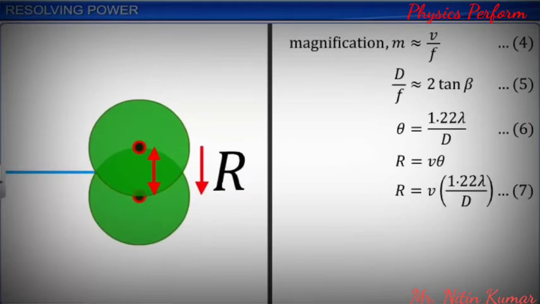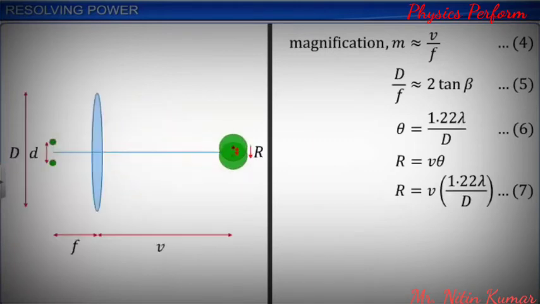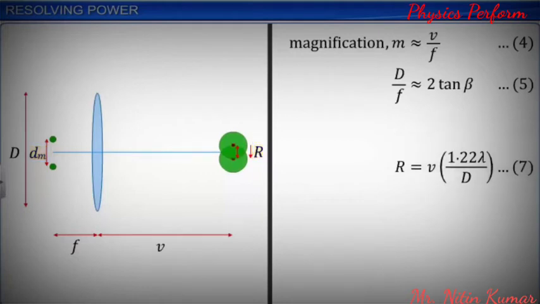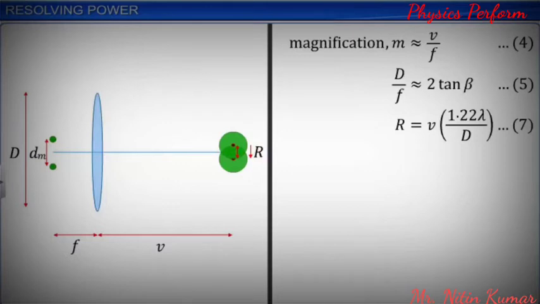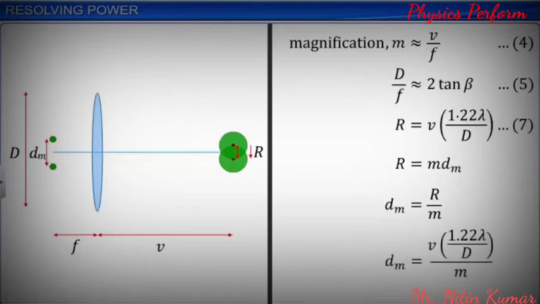Let dm be the minimum distance between the objects and r be the separation between them. If m is the magnification, then we can write r is equal to m into dm, or dm is equal to r by m. On substituting the value of r from equation 7, we get dm is equal to v into 1.22 lambda by d whole divided by m.